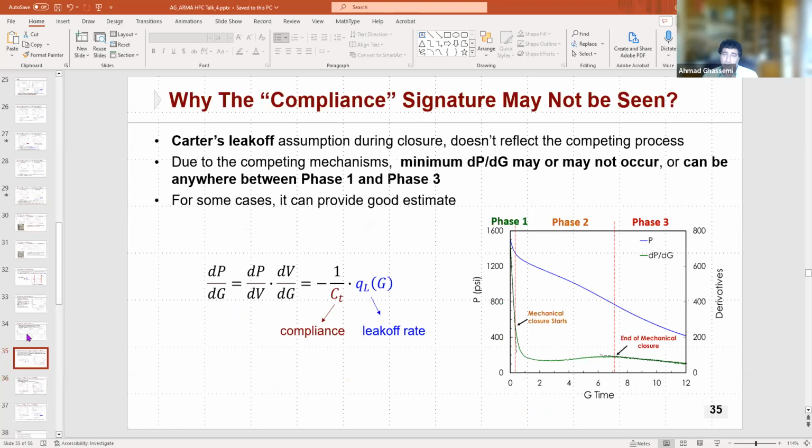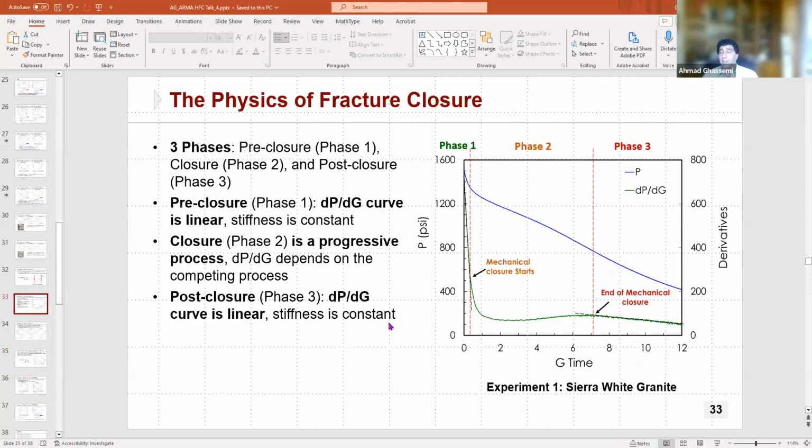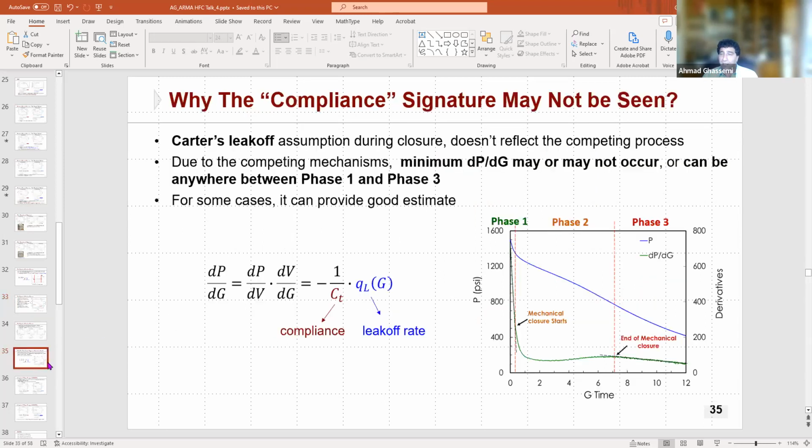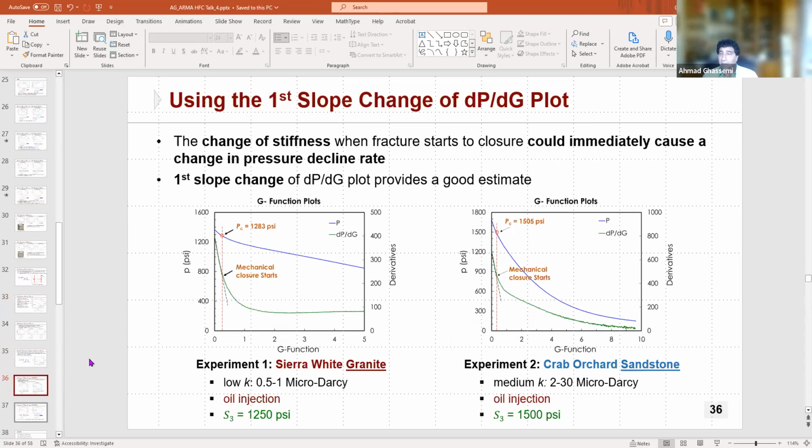The reason is that phase 1 very likely is a hinge closure stage, maybe a short-lived one, and the change in slope from phase 1 to phase 2 represents the transition from hinge to zipper. That is, the tip starts to close at that stage, and we should take that to be the minimum, the closure pressure representing the minimum in-situ stress.